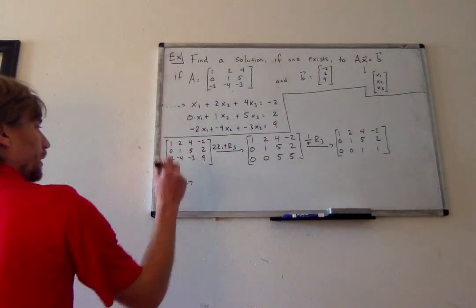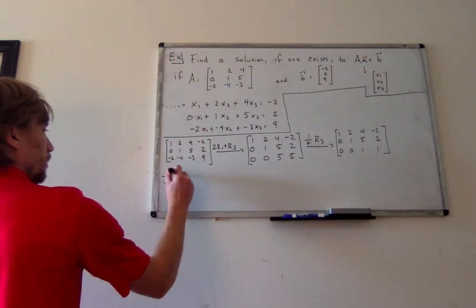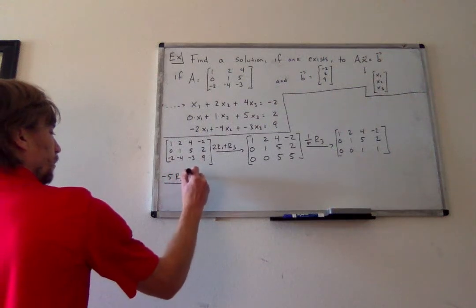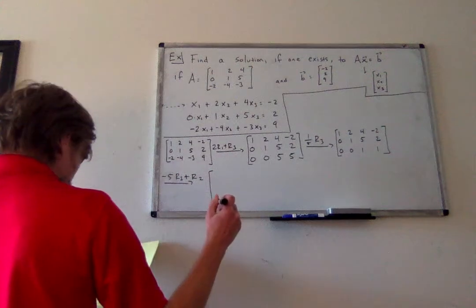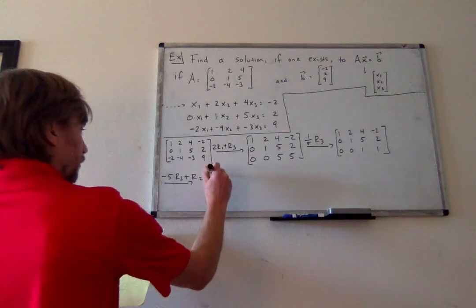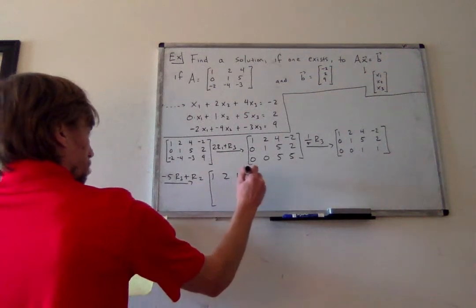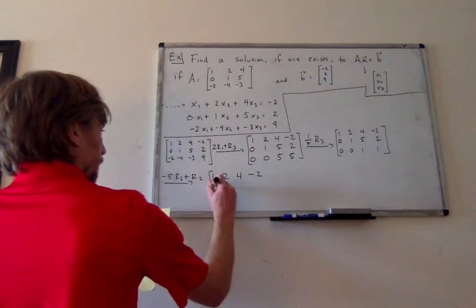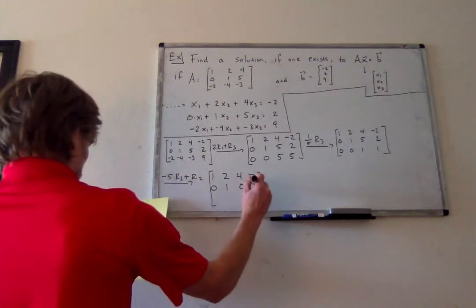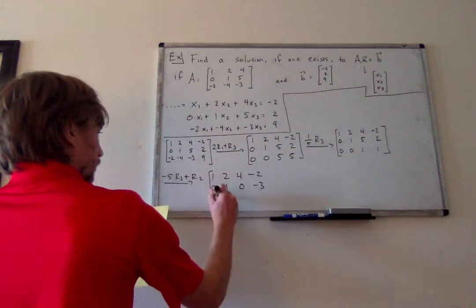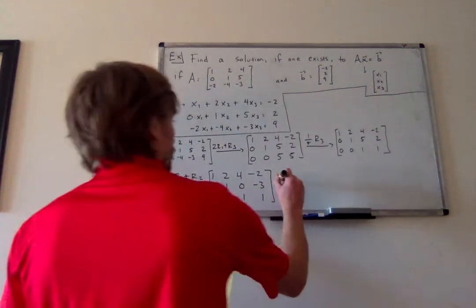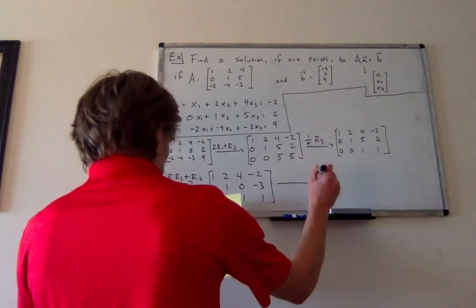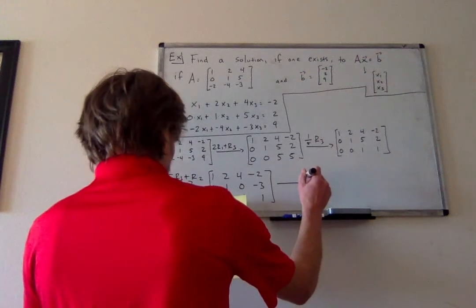So now I want to start clearing out the entries above my leading ones. So I'm going to do negative 5 row 3 plus row 2 and replace row 2. In doing so, I get the following matrix. Now I'll do a couple row reduction steps at the same time just to wrap things up.